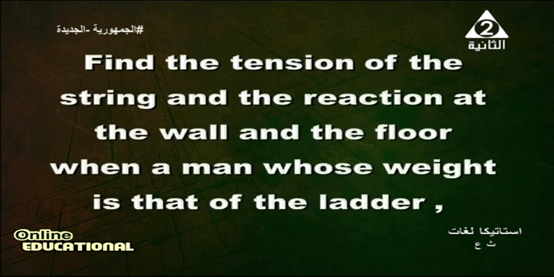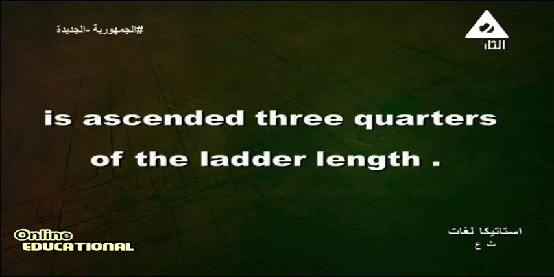Find the tension of the string. What about the string tension and the reactions of the wall and the floor when a man whose weight is that of the ladder ascends 3/4 of the ladder length?